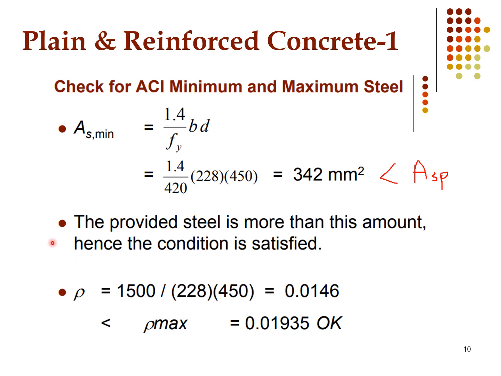We also need to check that the provided steel is more than this amount, hence condition is satisfied. Now we need to check for rho max. Rho is equal to As over bd, that is 1530 divided by b and divided by d. So we will get rho is equal to 0.0146. That value needs to be less than rho max, and rho max is 0.01935.